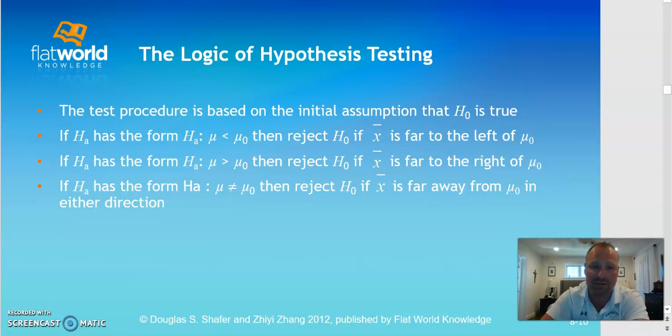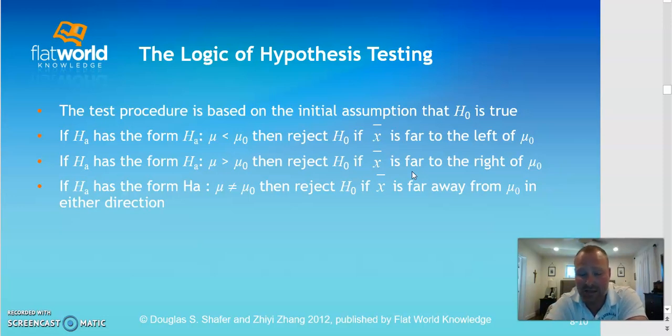If the alternative hypothesis, H sub A, has the form where the mean is less than the hypothesized mean, then we're going to reject the null hypothesis if our sample mean is far to the left of our hypothesis mean. If the alternative hypothesis has the form where the mean is greater than the hypothesis mean, then we're going to reject the null hypothesis if the sample mean is far to the right of the hypothesis mean.